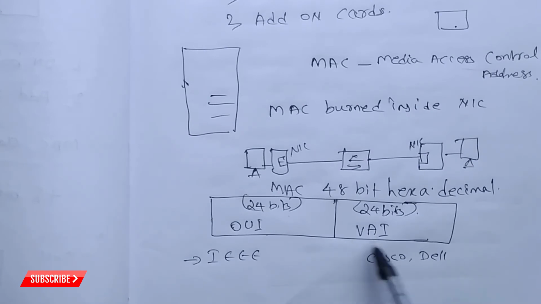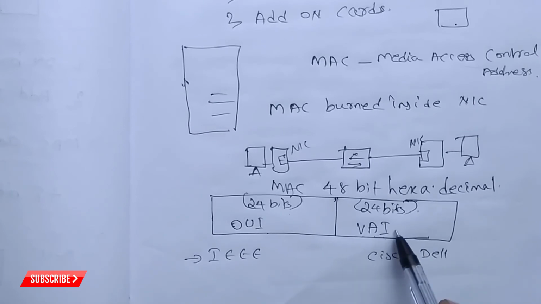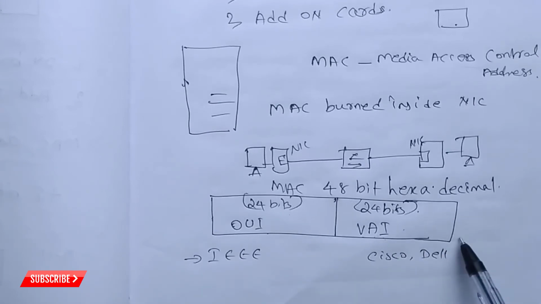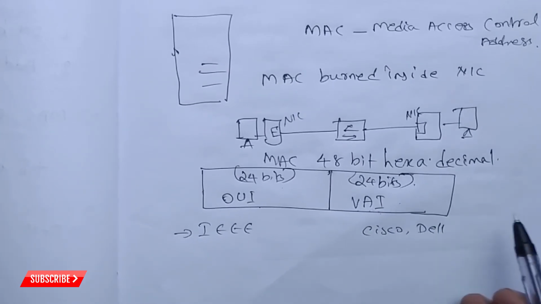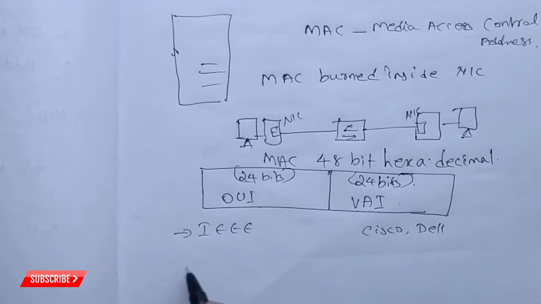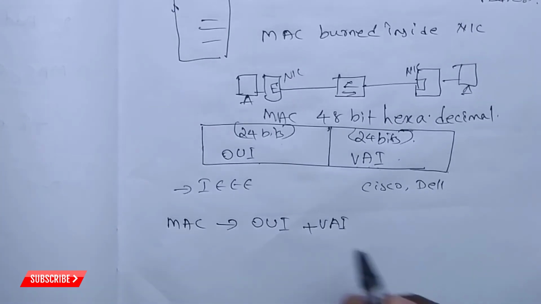Next one is known as VAI. VAI means vendor assigned ID, which is provided by the vendors or manufacturers to the customers. By looking at the vendor's ID, they can easily identify who is using that kind of NIC. So the MAC address is the combination of the OUI ID and the VAI ID.